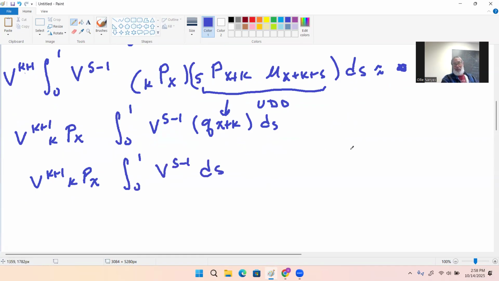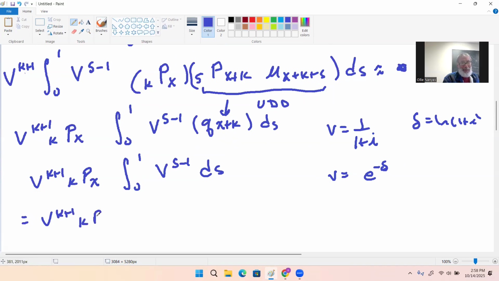Now I'm going to make a little bit of an assumption here. Remember, v is 1 over 1 plus i, okay? And so we also know that delta is the natural log of 1 plus i. So v is really e to the minus delta, where that's the force of interest.